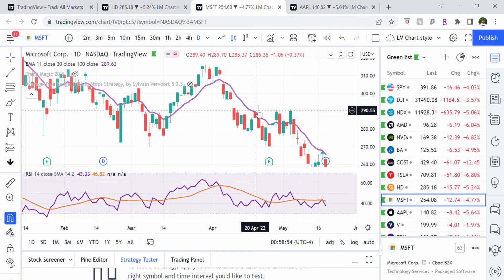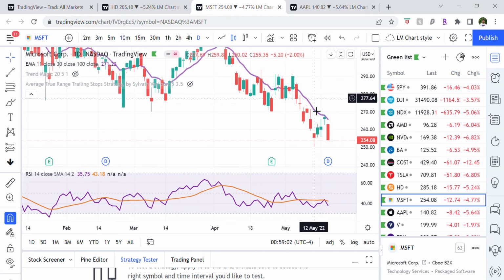In recent times, say from the 11th of April, the levels have changed. The resistance is at 291, and the previous support was at 271, which was breached. The 271 support was broken. Now the MSFT stock is below 271, so the previous support is now the resistance.